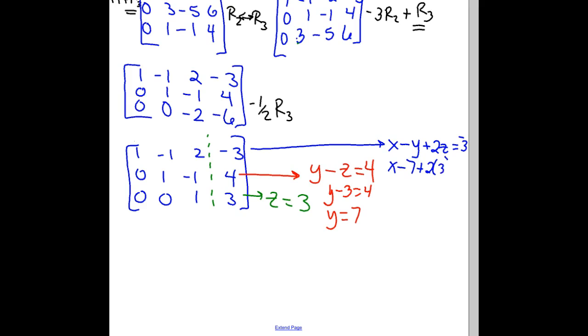Our z is 3. So we have x minus 7 plus 6 would be -1. X would have to be -2. So my solution, x is -2, y is 7, and z is 3. Okay?